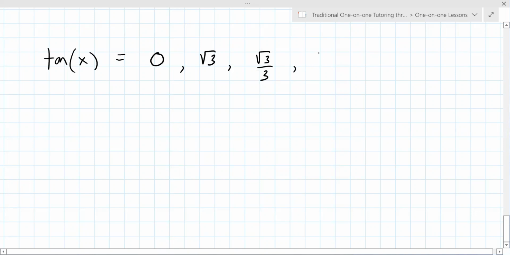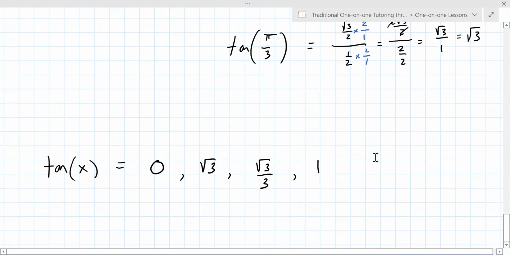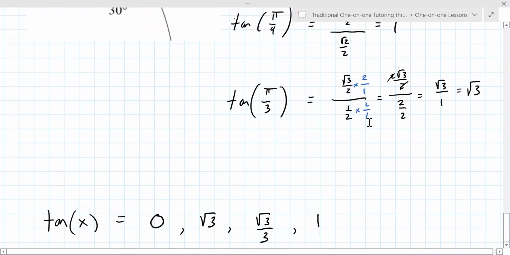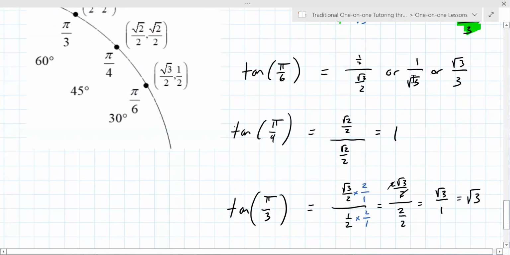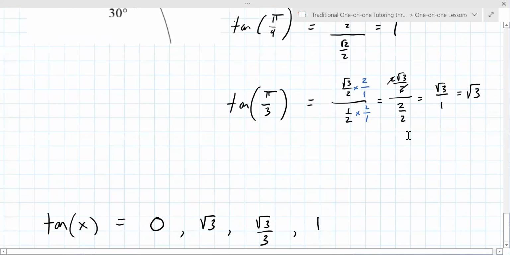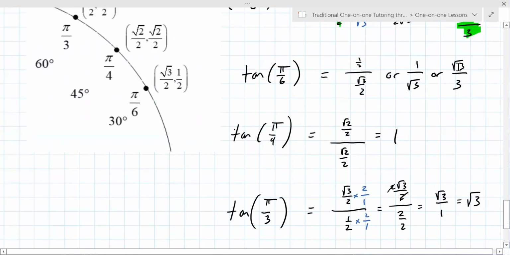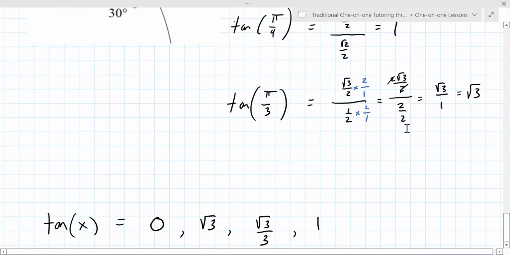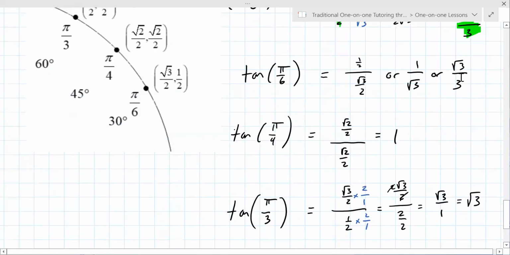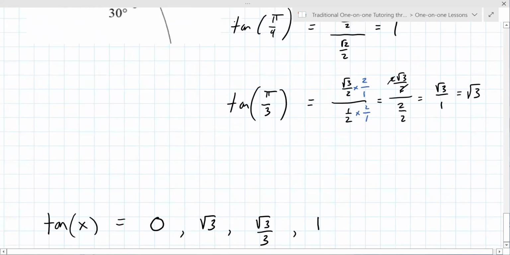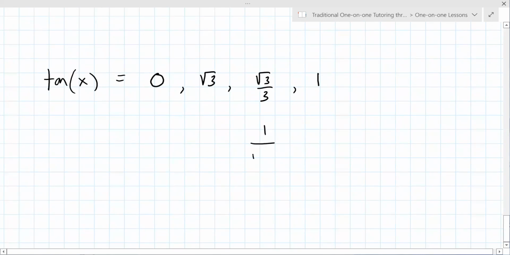It can be 1. But it can also take on these deceptive forms: the square root of 3 over 3 can also be 1 over the square root of 3.